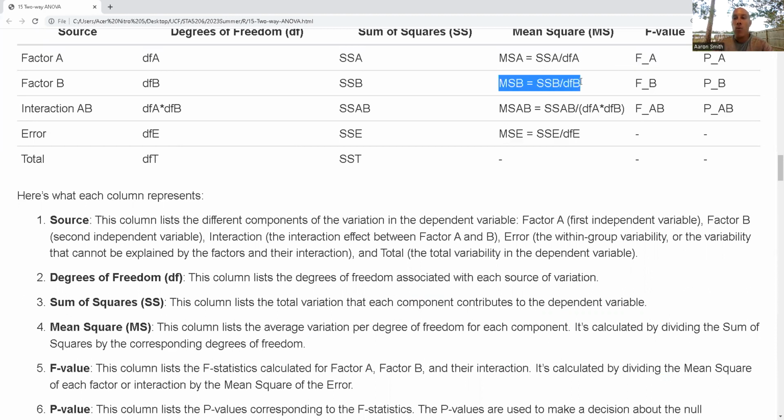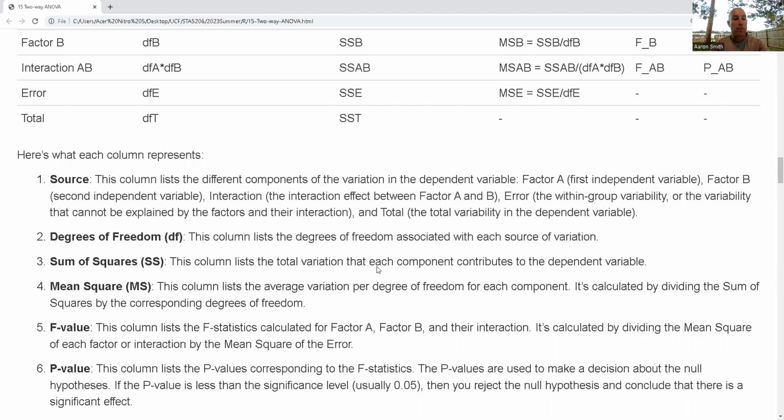I take this value, I divide by the mean squared error, that gives me this F statistic. I divide this value by the mean squared error, that gives me this F statistic. And then with the F statistic and my degrees of freedom, and for the denominator, all these will have the same degrees of freedom, I get my p-value.